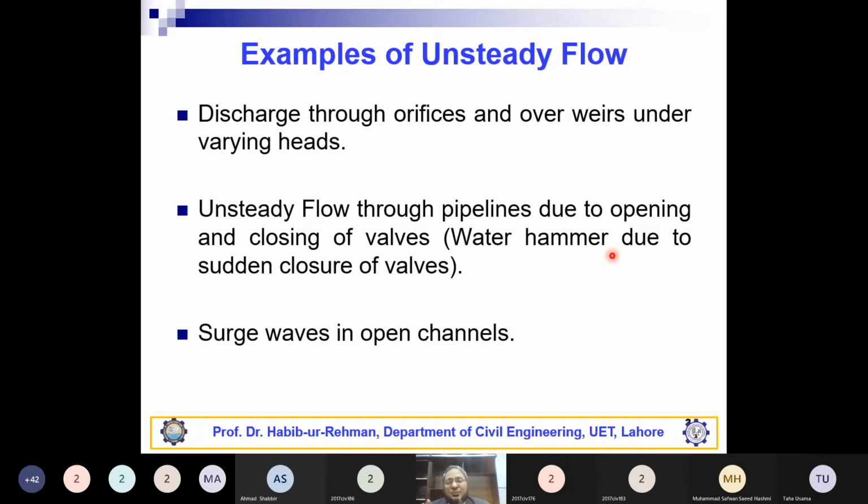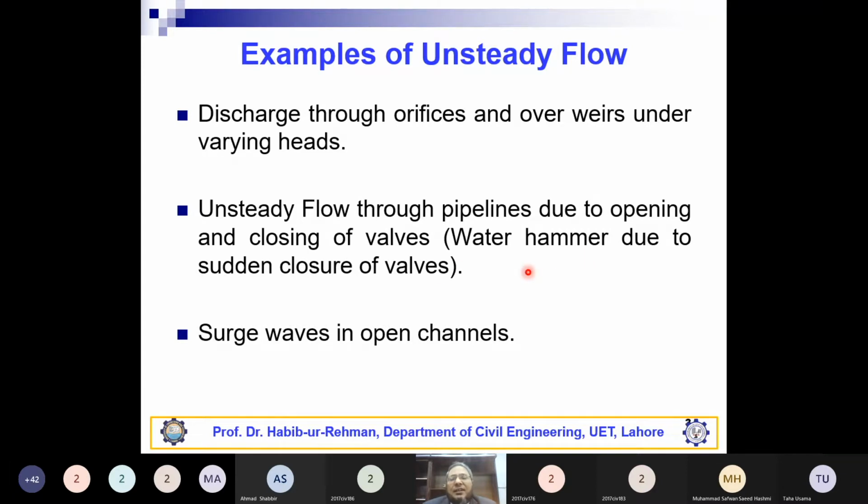There will be very high dynamic pressure in the pipelines. If the pipeline is not properly designed, it may burst due to that very high pressure. That very high pressure creates water hammer in the pipelines.